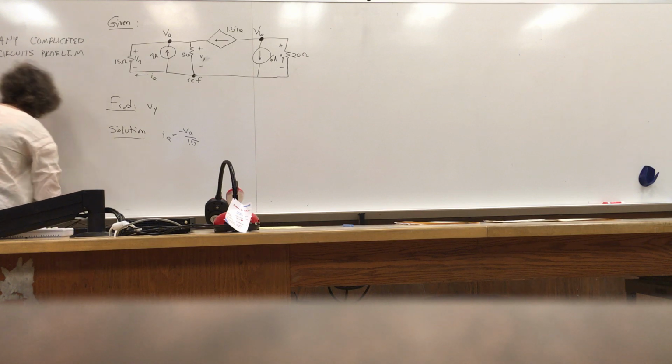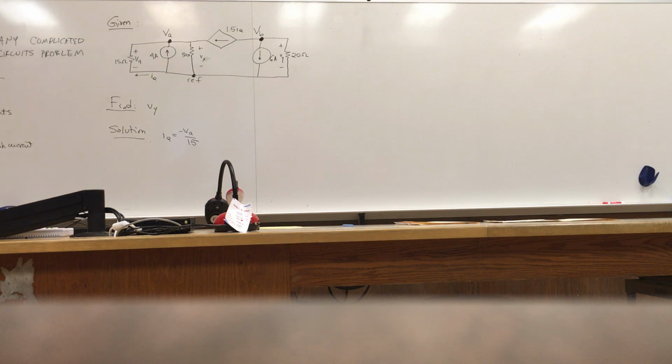Now I have to identify any supernodes you have, because this is node voltage analysis, and write an equation for it. It's not just enough to identify it, you actually have to write an equation. So let's go back to that definition of a supernode. Remember what it was? Any voltage source and the two nodes on either side.